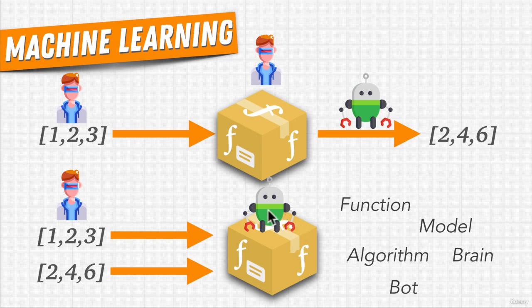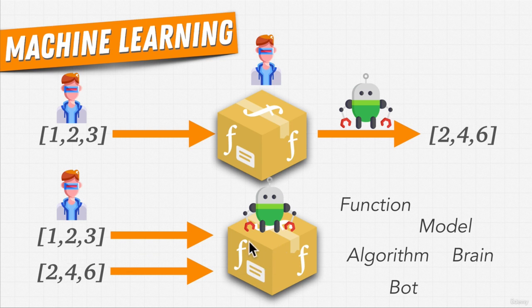And as these models get more and more complex, it becomes harder and harder for us as developers to understand how it works, which raises a lot of issues, but we don't need to get into that. Now, as you can see, the main part of this is that in order to train this machine to create this function, we have to give it data.